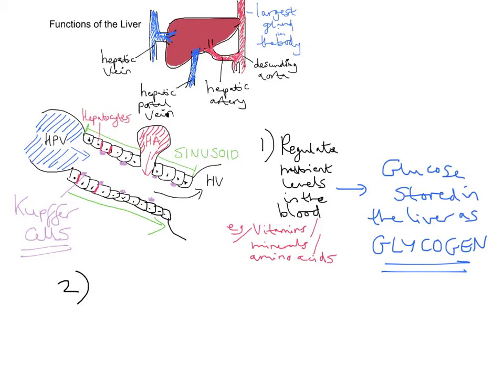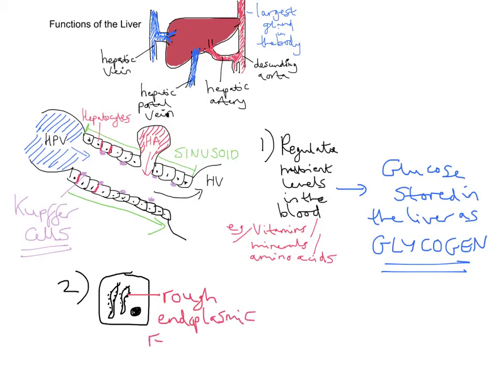Those hepatocytes, the liver cells, if we drew one a bit larger here and got its nucleus here, there are structures inside that cell. I'm not drawing them overly well or detailed here, but there are structures that we call an organelle known as rough endoplasmic reticulum.